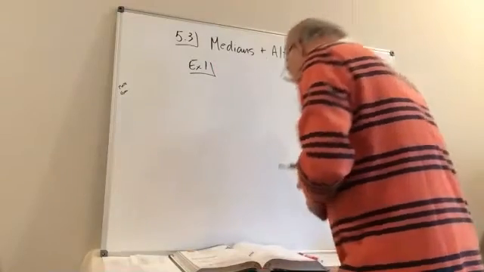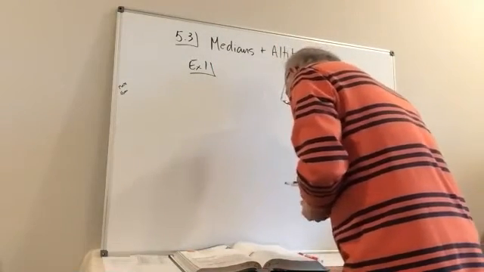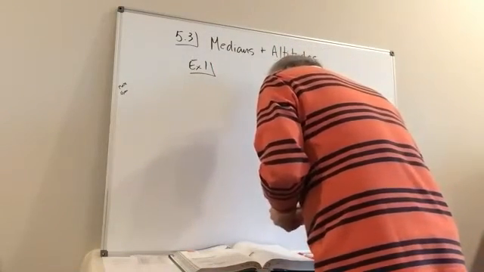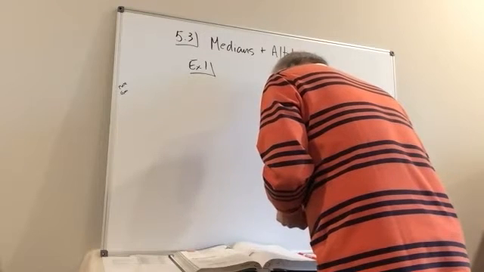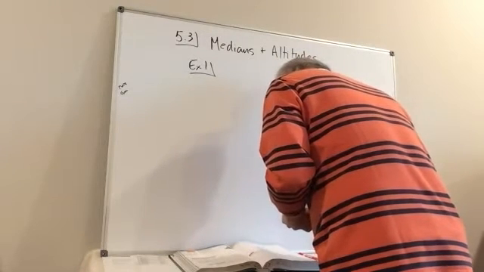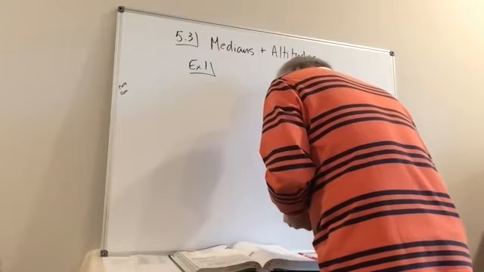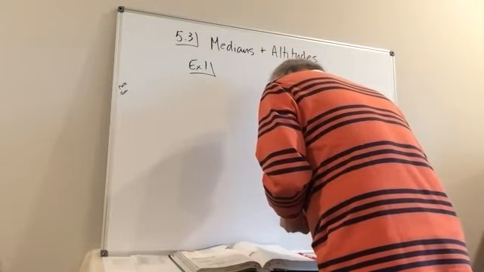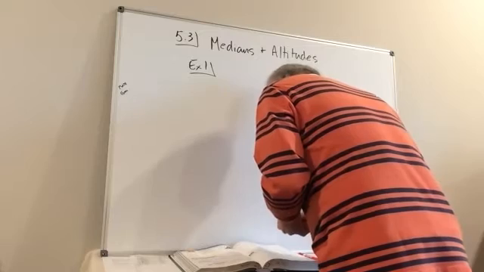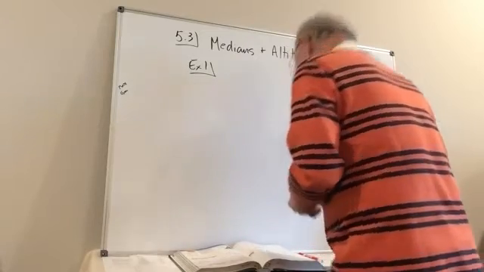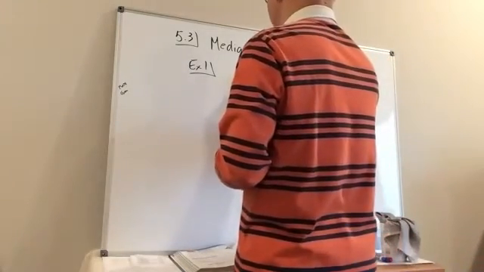Example number 1, using the centroid to find segment lengths. In triangle ABC, we have AF is 9, GE is 2.4. Find each length. So let's start drawing this.